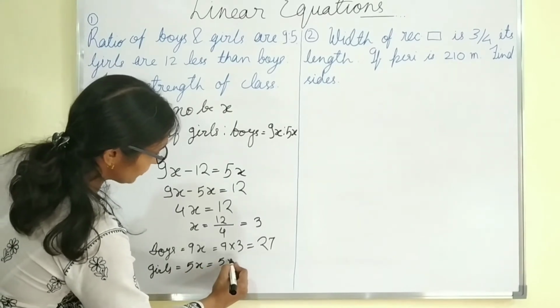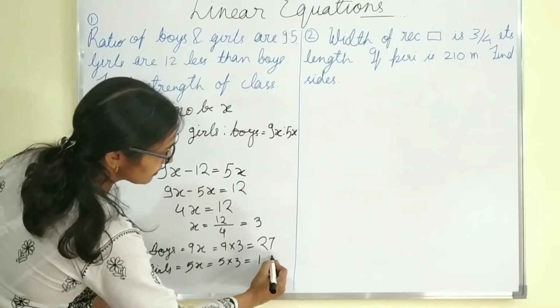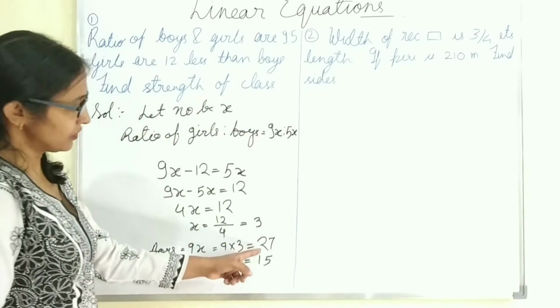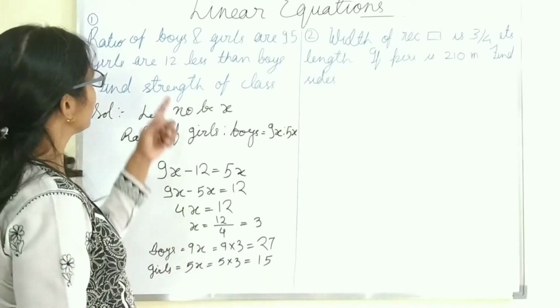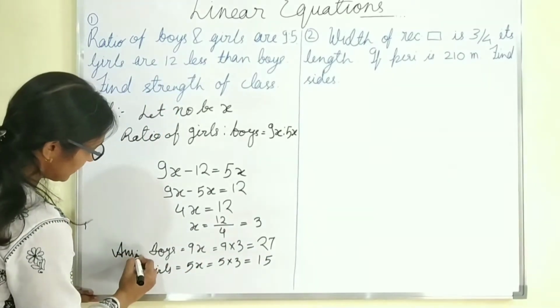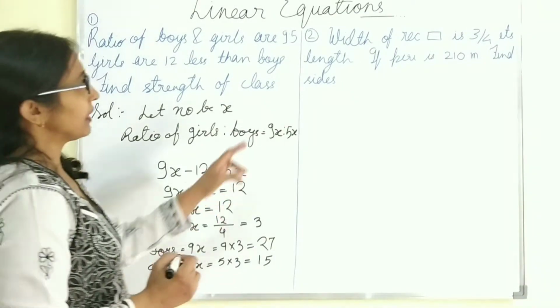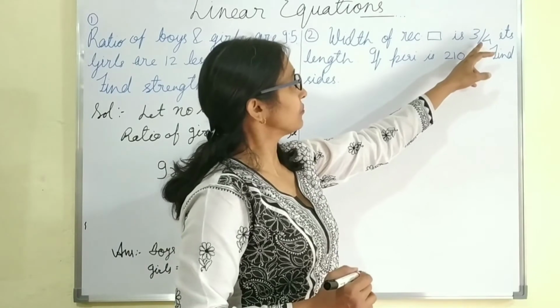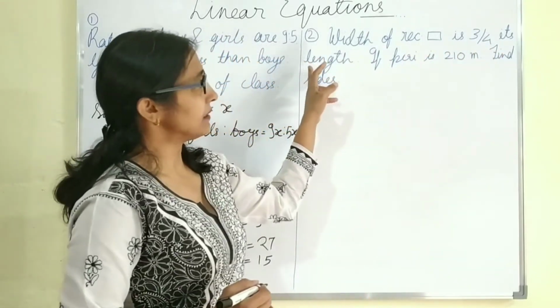So 5 into 3, 5 threes are 15. See, 27 minus 15 is 12. So it's our answer.